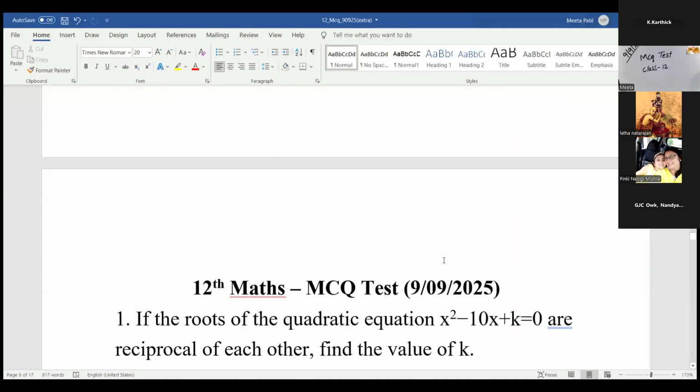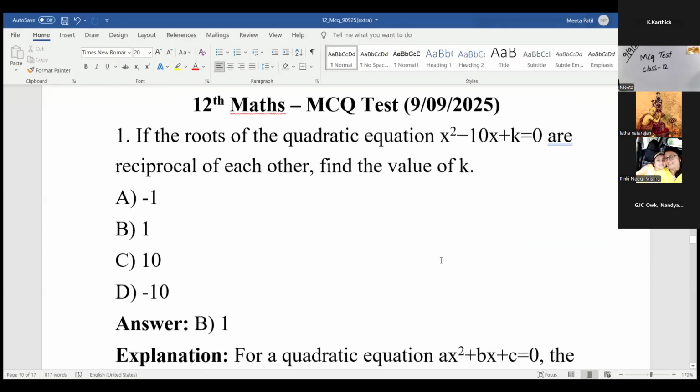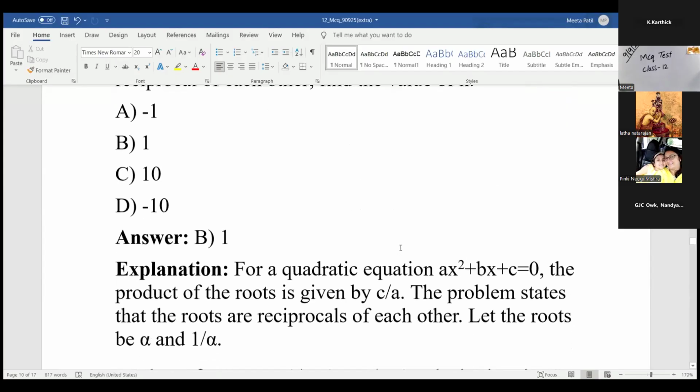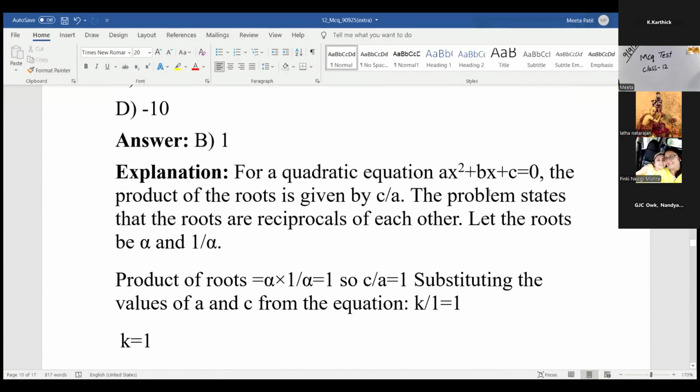So here the first question is, if the roots of the quadratic equation x square minus 10x plus k is equal to 0 are the reciprocal of each other, find the value of k. So here option B is the correct answer. The roots are reciprocal, so we know that the roots are alpha and 1 by alpha.